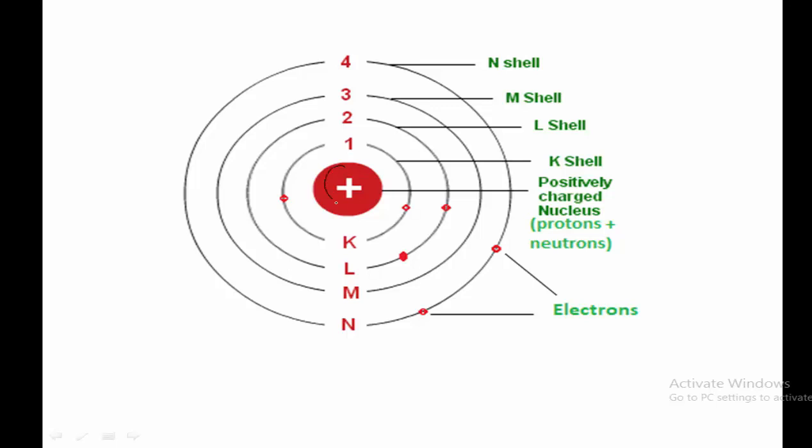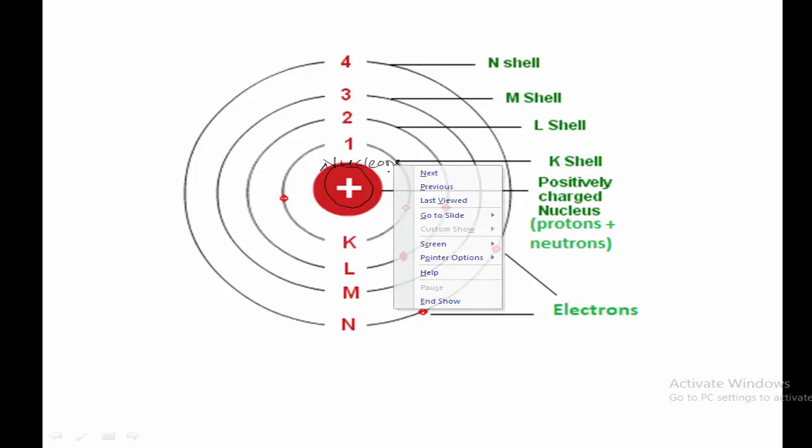So this region is said to be nucleus, and the total charge on the nucleus is positive because the neutrons are electrically neutral, and hence the nucleus has the positive charge due to presence of protons. So thus it is also said to be nucleons, and hence it is also said to be nucleon.